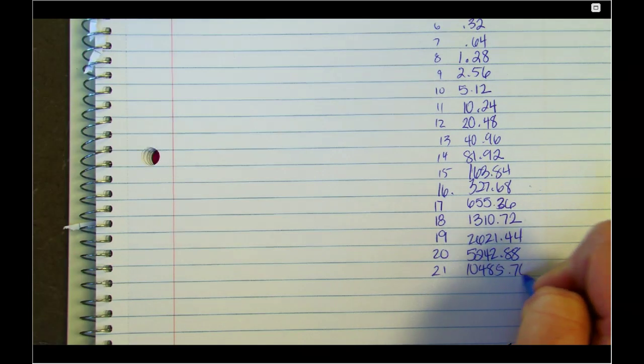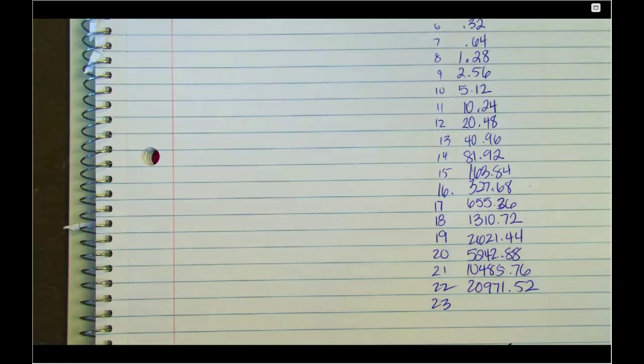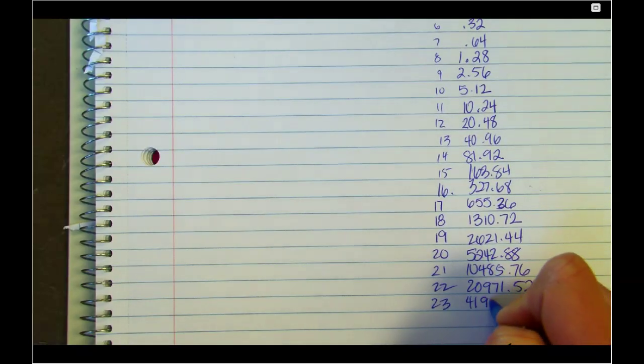They still have 18,000, and this does not add up to 18,000. How about 19? 2,621.44. Day 20, 5,242.88. Day 21, 10,485.76. Day 22, 20,971.52. Day 23, 41,943.04.